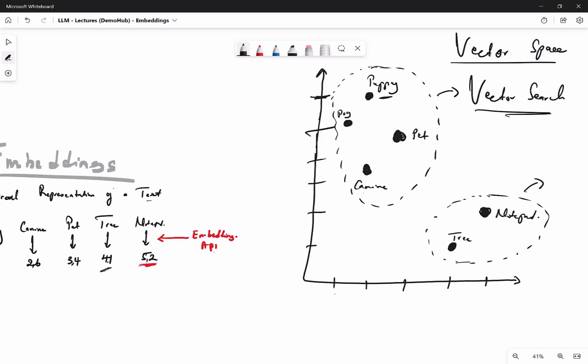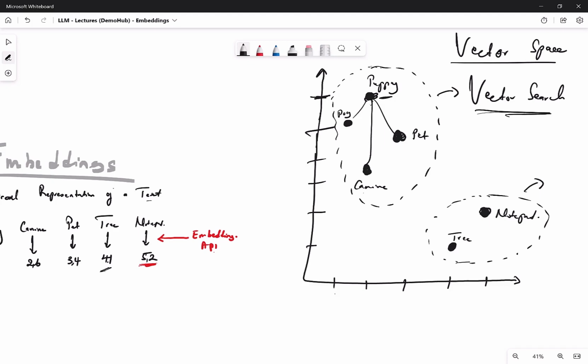We do a vector search around what is close to puppy within this vector space. We're going to see a dog, a pet, a canine. Depending on the distance we allow, we are not going to see a tree and notepad. Now we can do a vector search and pull out the similarities around puppy.